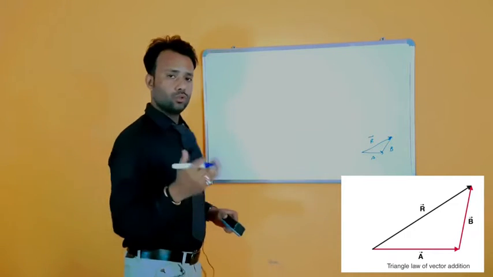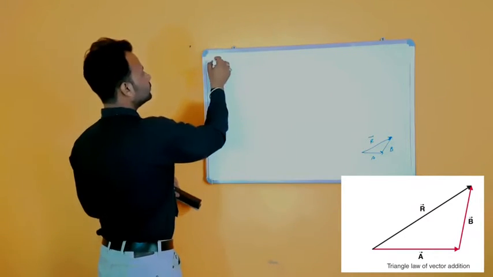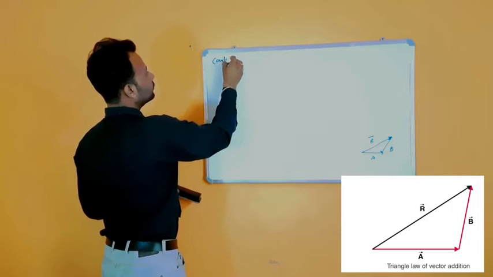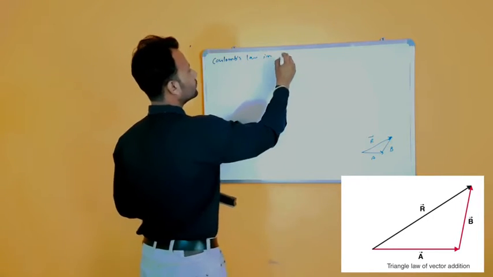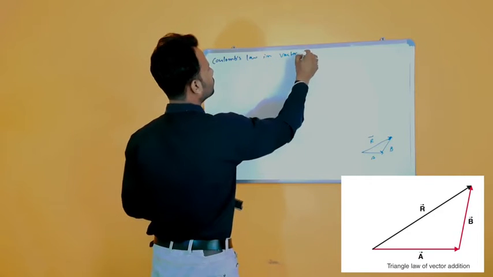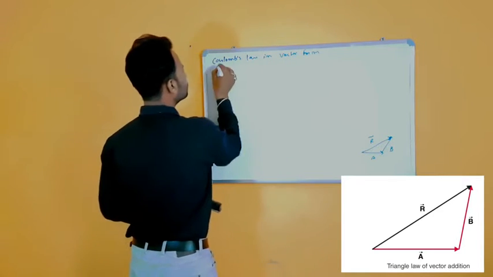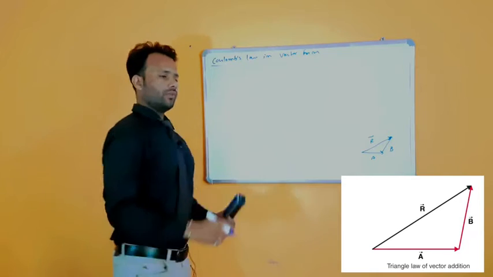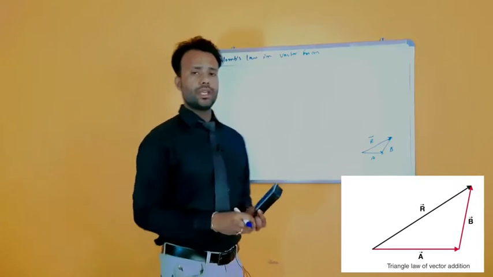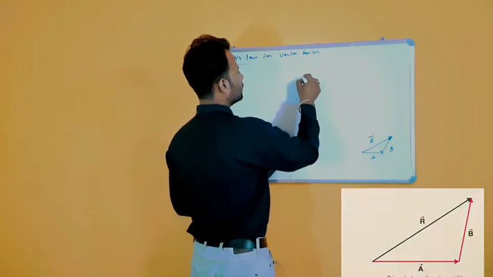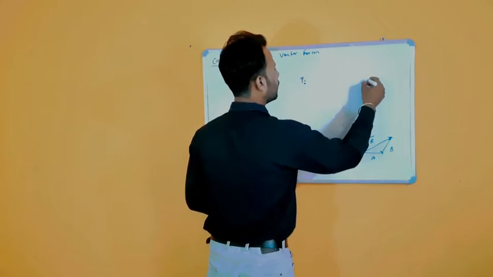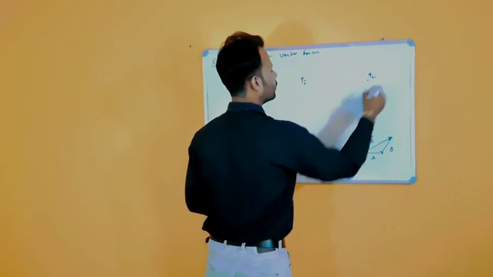So now we are doing Coulomb's law in vector form. Let's suppose we have two charges. This is Q1 and this is Q2.